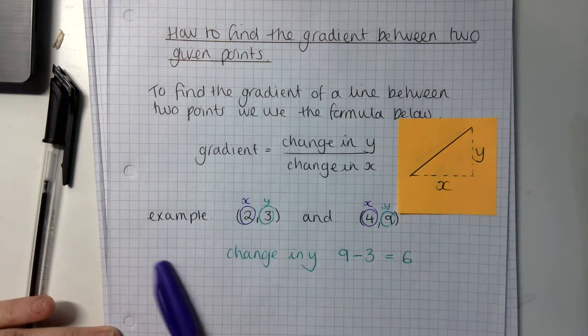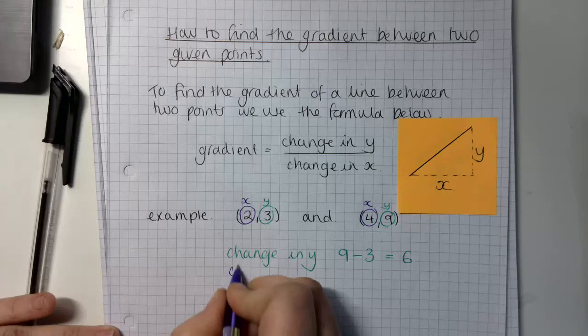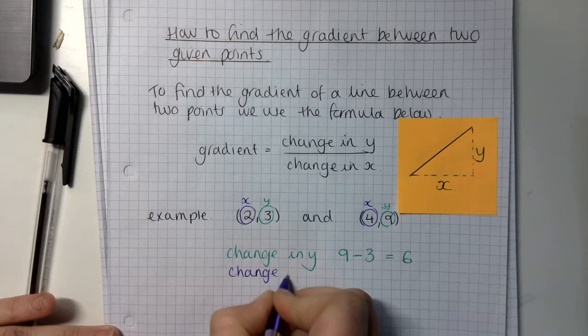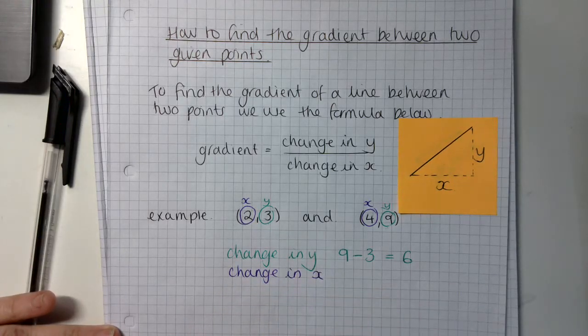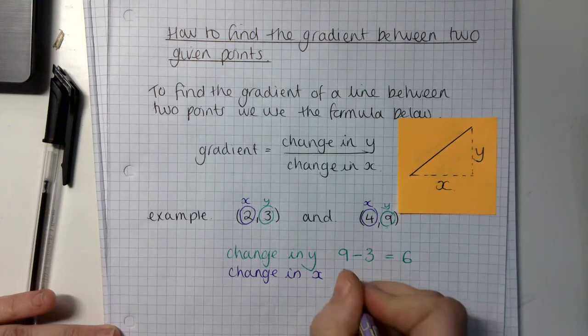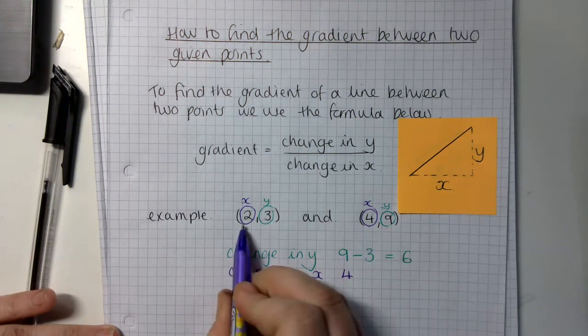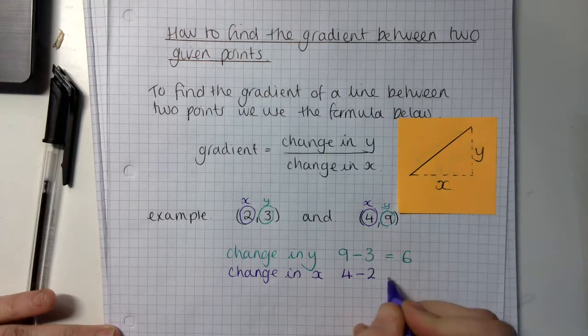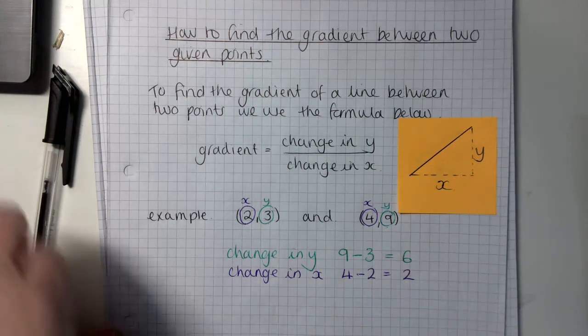Okay, so that gives us 6. And then the change in x, again, same way round. So you do the second coordinate pair, so you look at your second x value first, and then subtract your first x value, which equals 2.